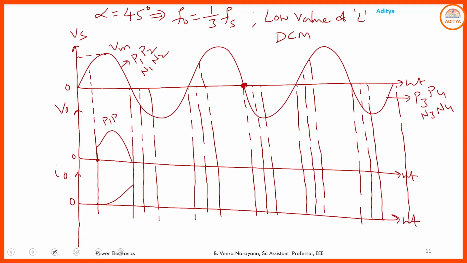Here P1, P2 are in the on state from alpha to pi. At omega t equals pi, even though the output voltage is 0, the output current cannot be 0. Why? Because from alpha to pi, some energy must be stored in the inductor.